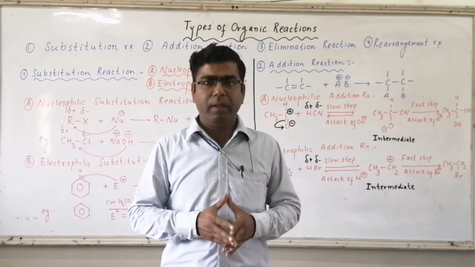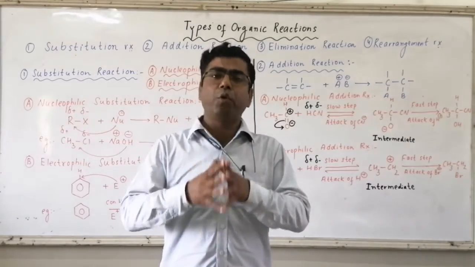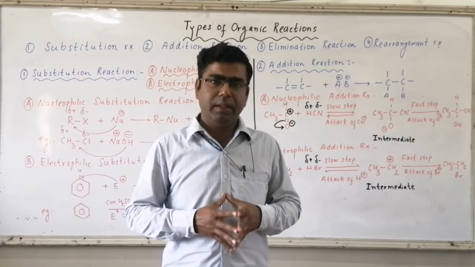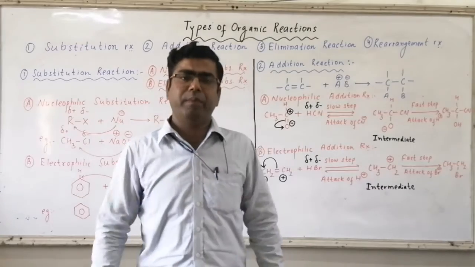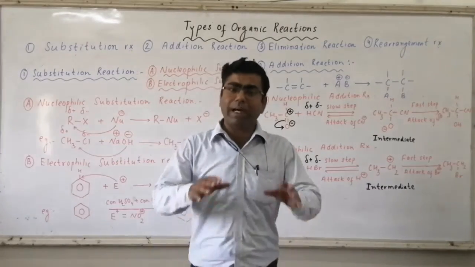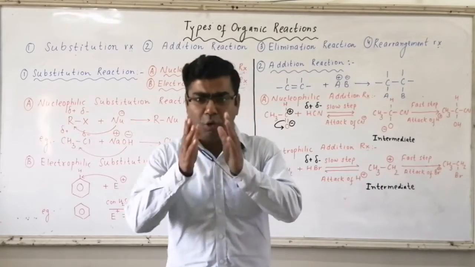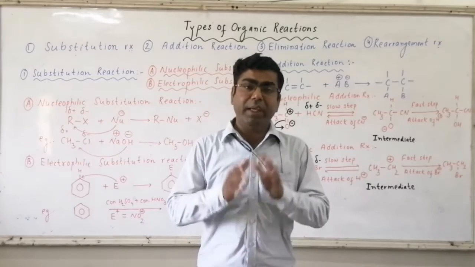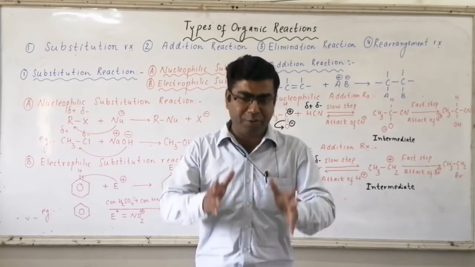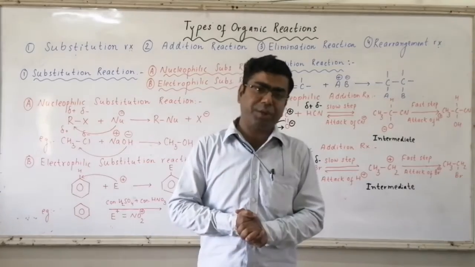And if in the first step or the slow step, attack of a nucleophile takes place, then the reaction is called nucleophilic addition reaction. So what is nucleophilic addition reaction? When the attack of a nucleophile is followed by attack of an electrophile, the reaction is called nucleophilic addition reaction. What is electrophilic addition reaction?